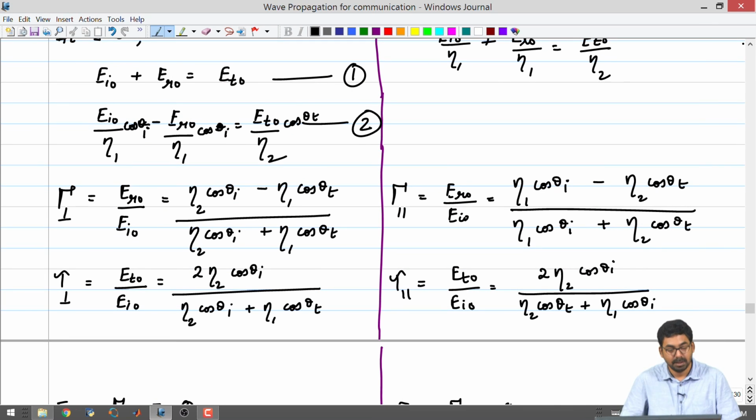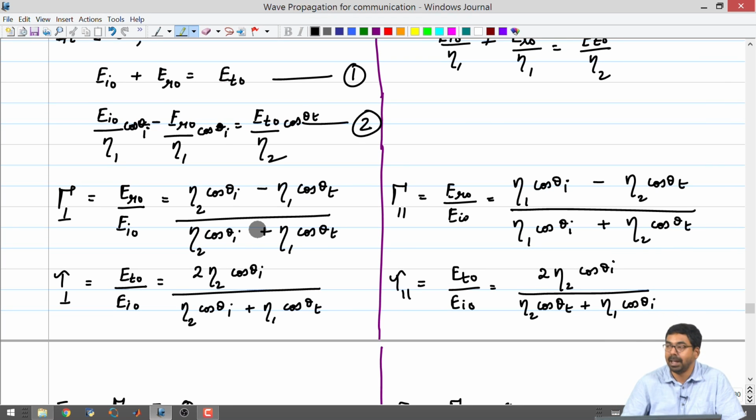The simplest thing one can do with, say, perpendicular polarization, is take the expression for the gamma perpendicular, substitute incident angle theta I to be equal to 0. If you have incident angle equal to 0, then it becomes normal incidence on the second medium, which also means that the transmitted angle has to be equal to 0.